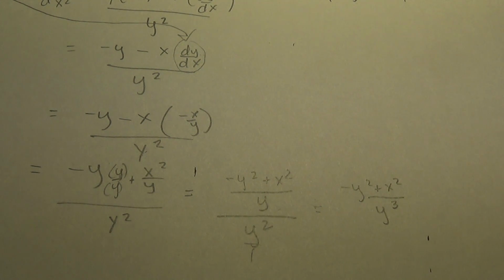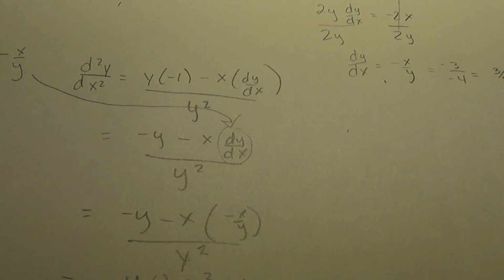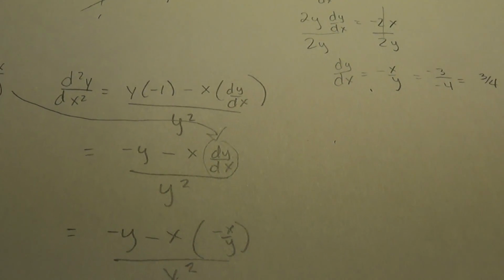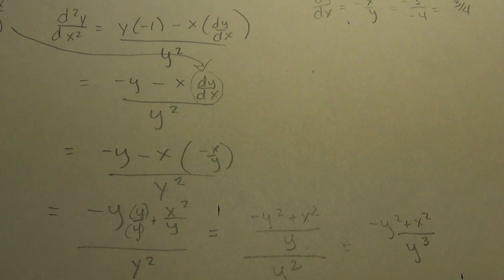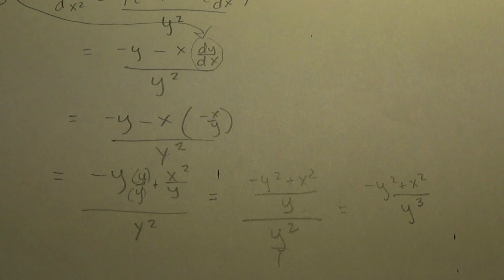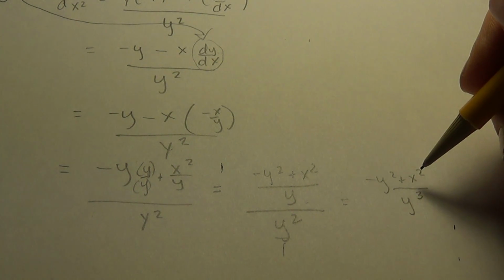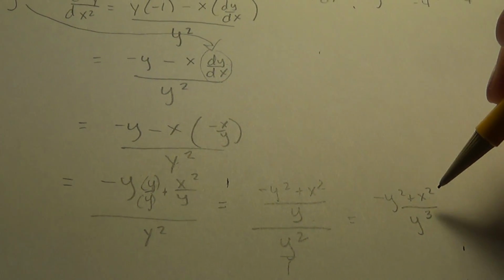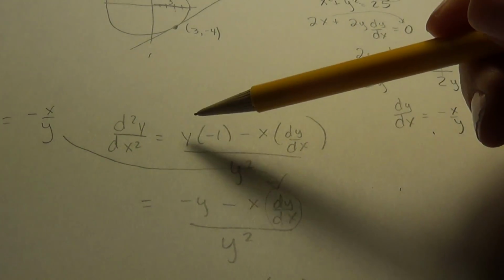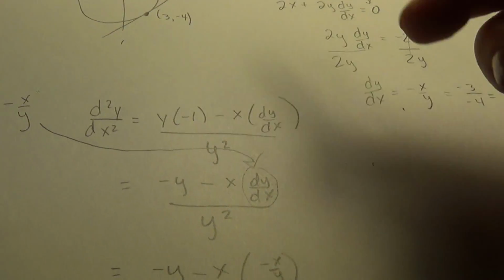And with that, I think I have one error. Oh yeah, I see it. Somewhere I have a sign error. These are both supposed to be negative. Up here, the bottom times the derivative of the top minus the top times the derivative of the bottom. Oh, there it was.